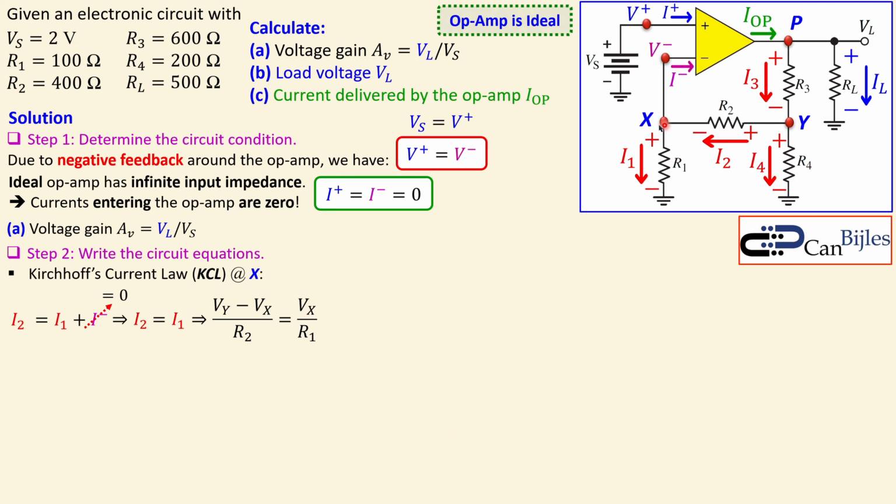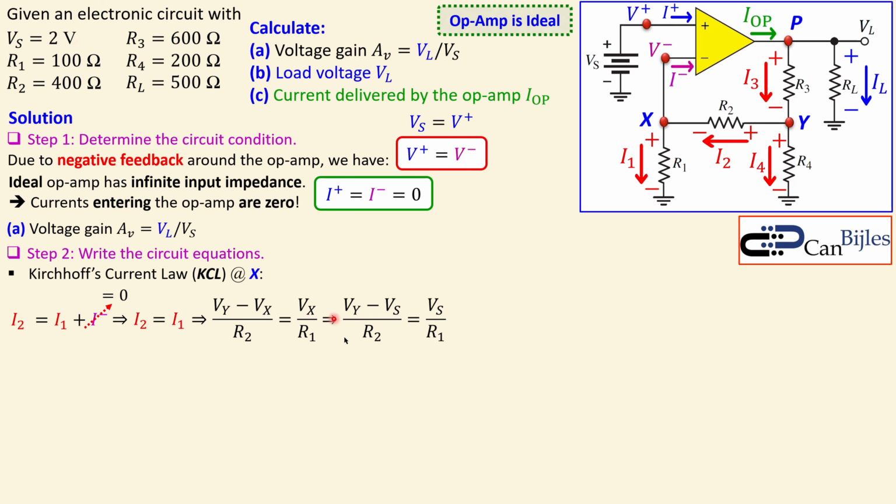In a similar form, we can do that for I1: Vx, this node voltage, minus 0, which is of course still Vx, over R1 will give you the current I1. That's shown here. Now, we know Vx is V minus, and V minus was V plus due to negative feedback, and V plus was Vs. So we can also replace Vx by Vs.